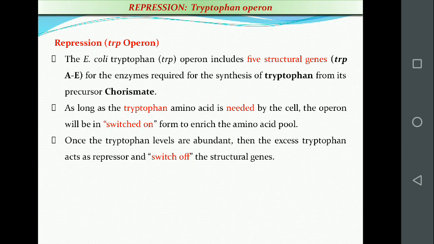Tryptophan is an aromatic amino acid which has a somewhat complex structure. That is why its biosynthetic pathway requires several different enzymes. In a metabolic process requiring several different enzymes, the tryptophan will be synthesized.